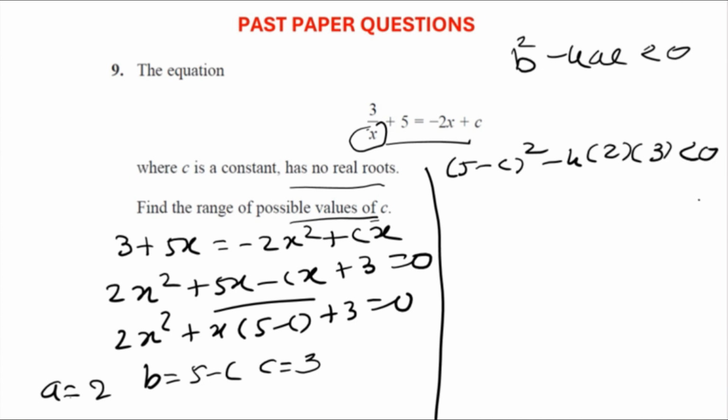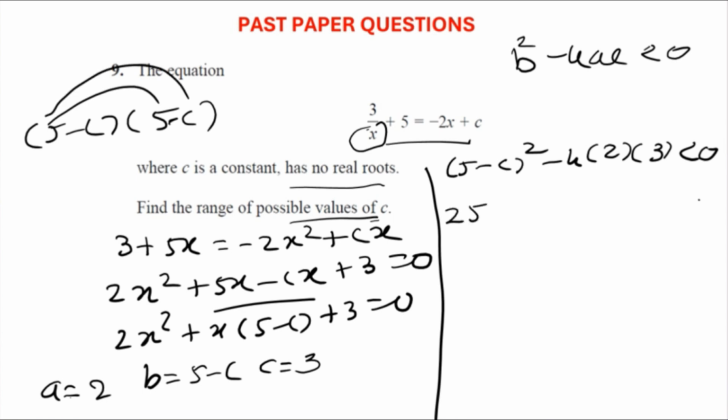When you expand (5 minus c) squared, 5 minus c into 5 minus c, which is 25, minus 5c and minus 5c gives me minus 10c plus c squared, minus 4 times 2, 8, 8 times 3, 24, less than 0.